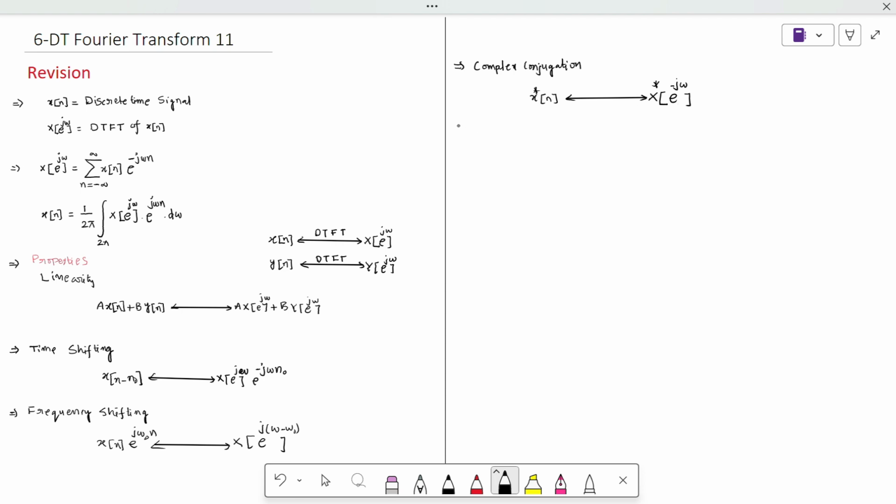That is the difference. The next one, time reversal. In time reversal, x of minus n, n is replaced by minus n. Then omega must be replaced by minus omega. That is the difference. So just replace with x of e power minus j omega.